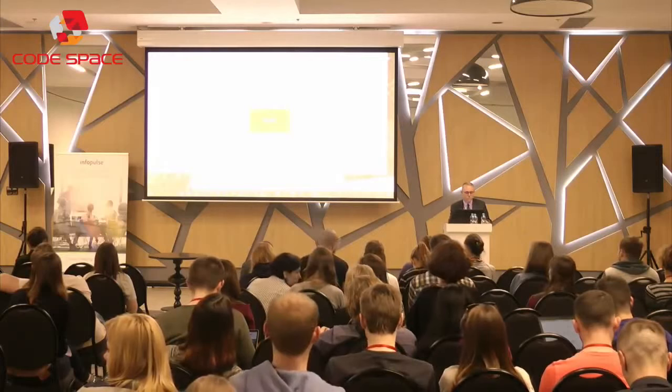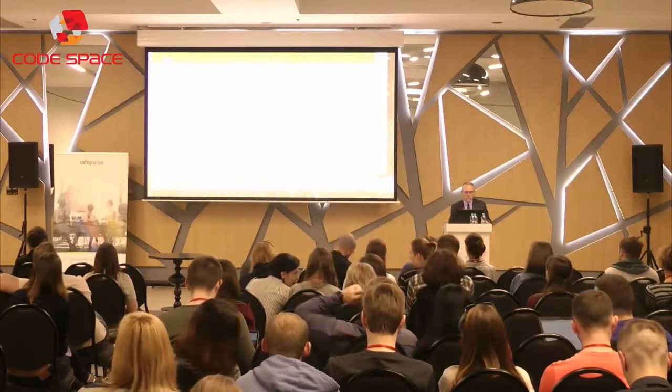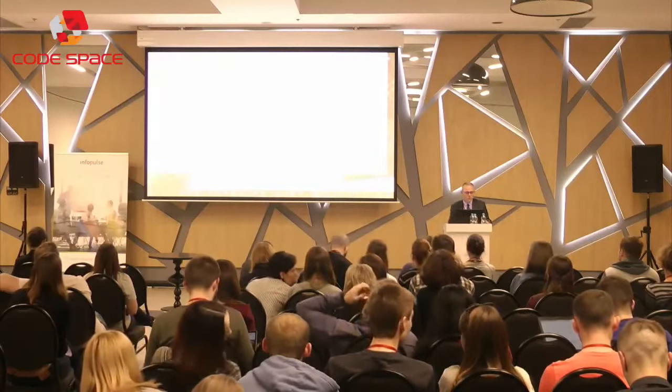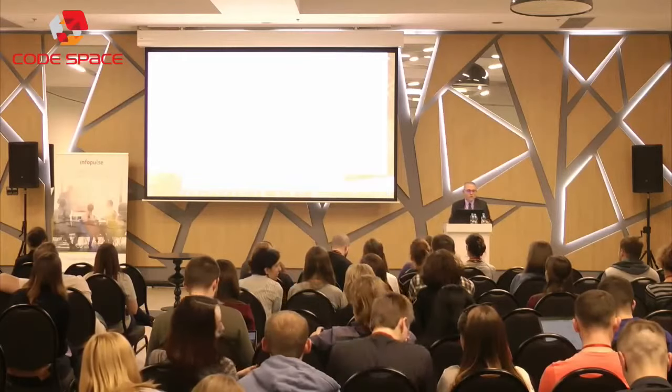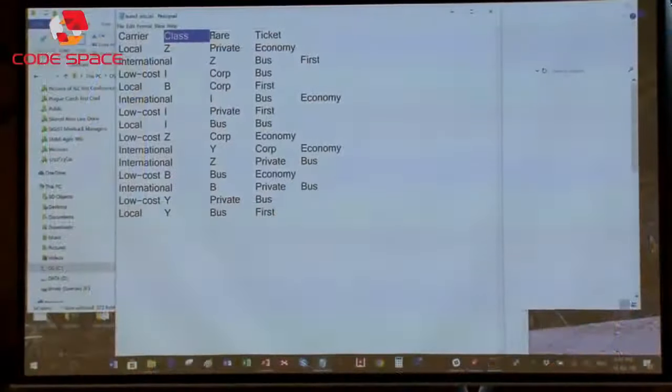Just to show you another example. It's here. So we have 4 values: carrier, class, fare, and ticket.